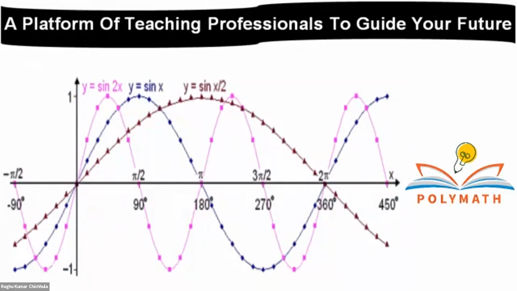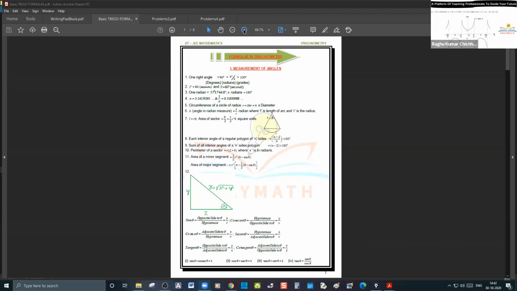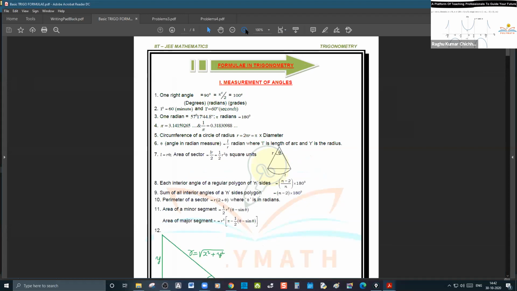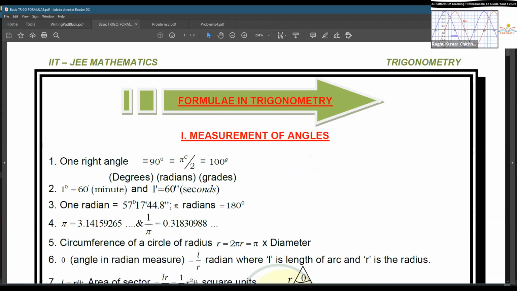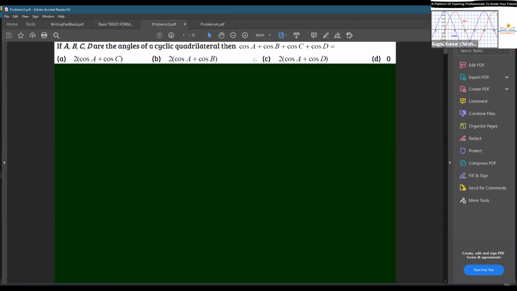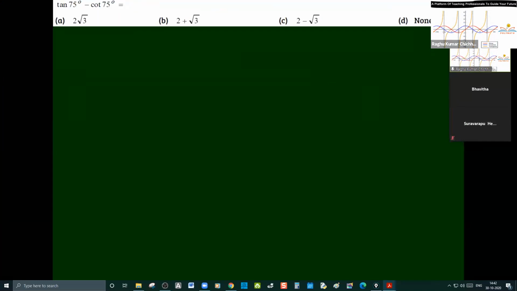Now let me continue. Let me share the screen. This is the formula, and we have already seen it. Now this one I already discussed in the previous class. Yes, this also we did.